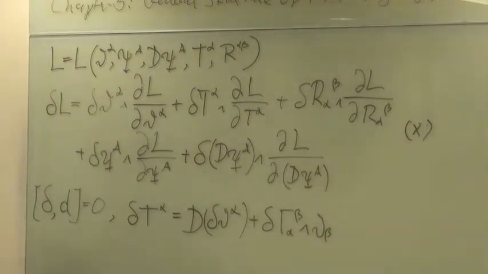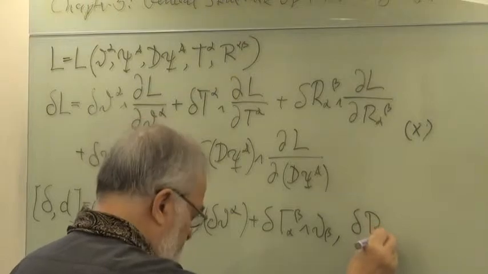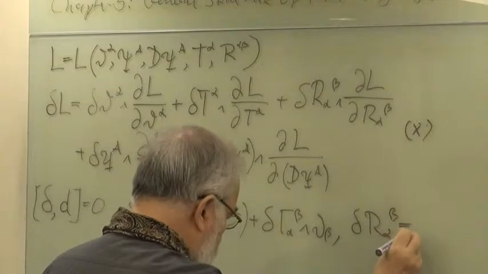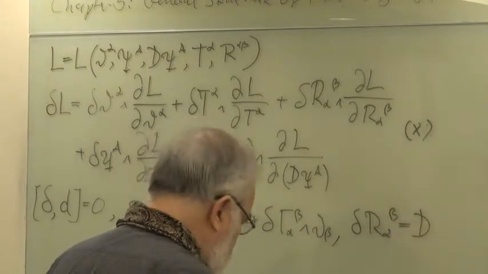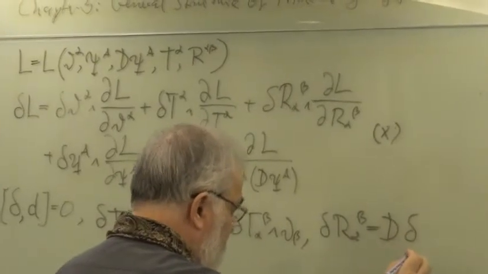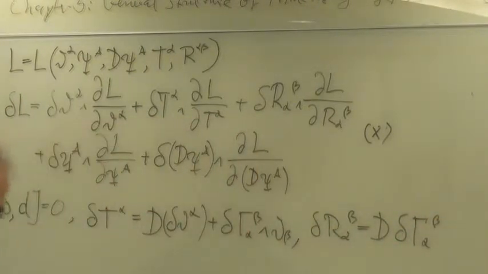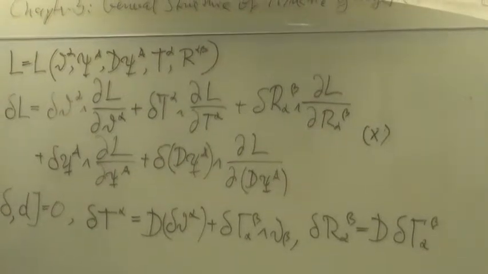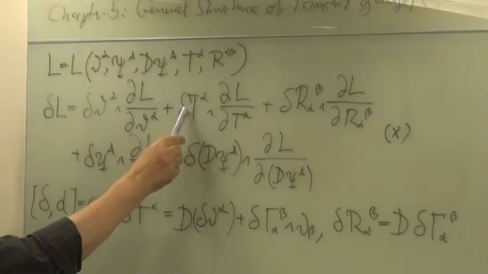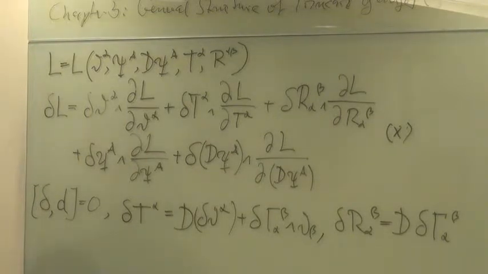And the corresponding formula for the curvature, the variation of the curvature R alpha beta, is equal, this is a small exercise which was already given the last time, to D of the variation of gamma alpha beta. So these are very compact formulas, and now we substitute this here and the R here and rewrite this whole expression.